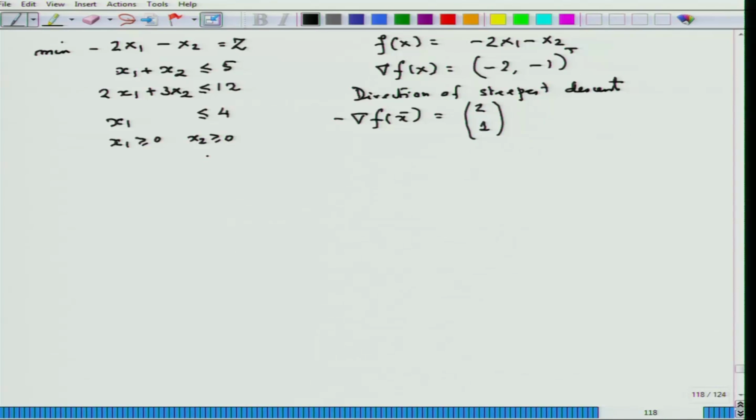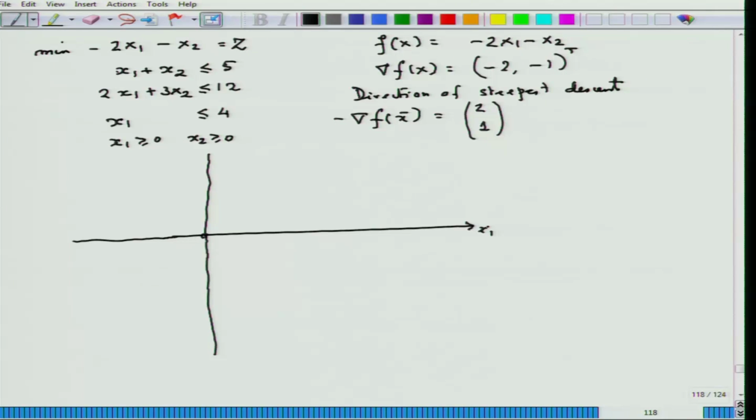Now, let me draw the feasible set of this problem. So, my thing is minus 2 x1 minus 2 x2. So, this is my x1, this is my x2.